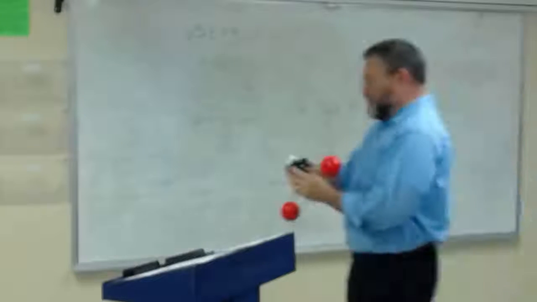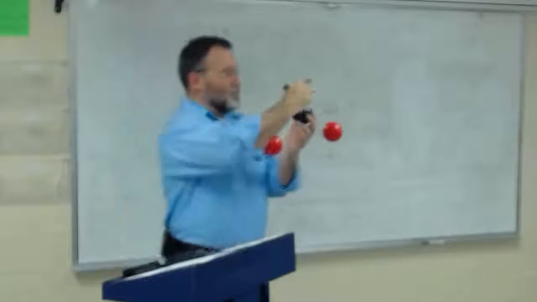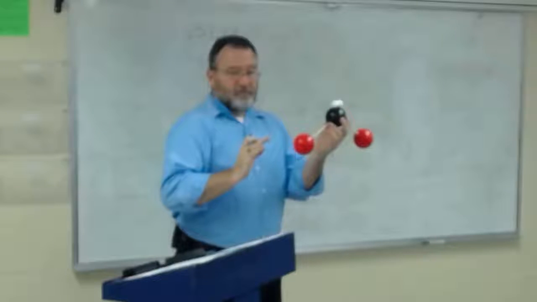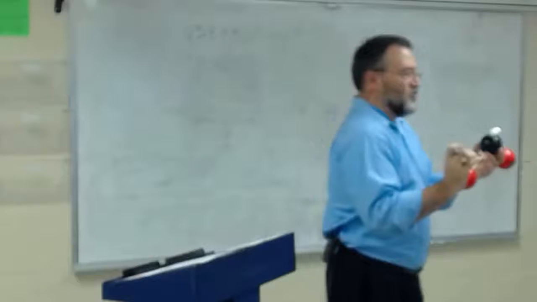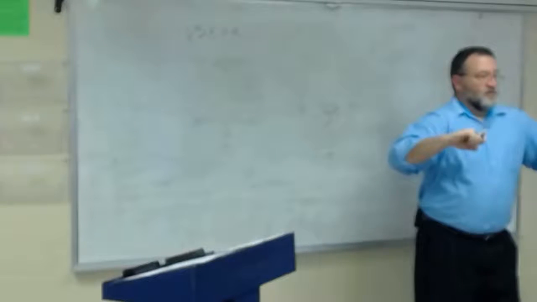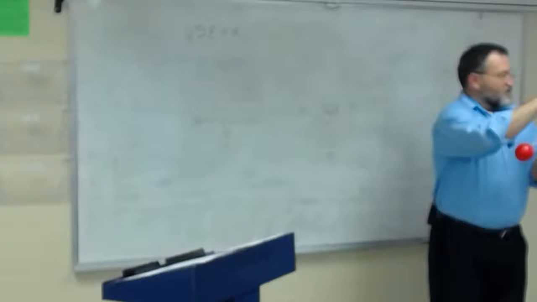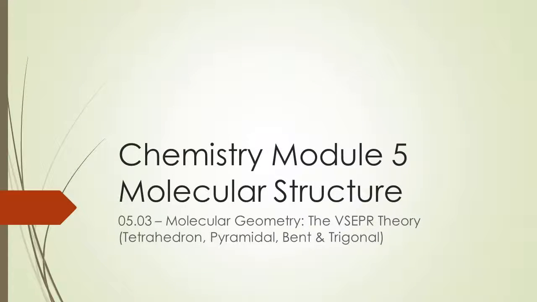If I have 120 degrees apart, but then I go and I replace one of the bonds with an unbonded pair, what's going to happen? What's the net effect going to be on my geometry? These 2 bonds are going to be pushed towards each other because this unbonded pair pushes stronger than a bonded pair. So it's going to decrease that geometry there. We'll pick it up there tomorrow.